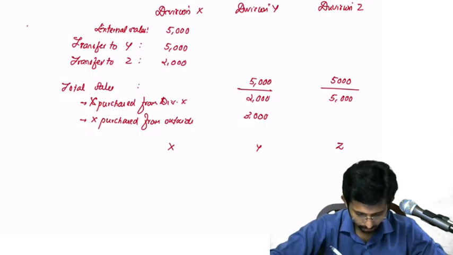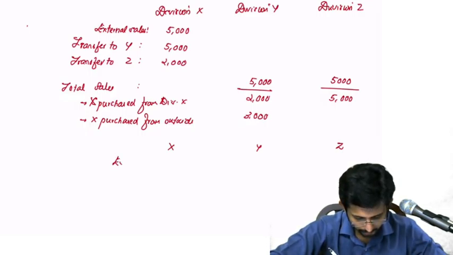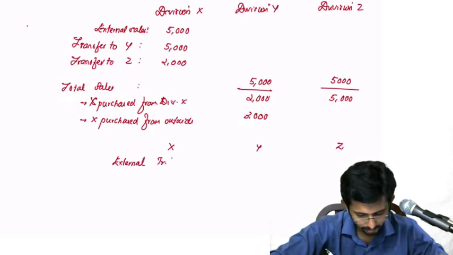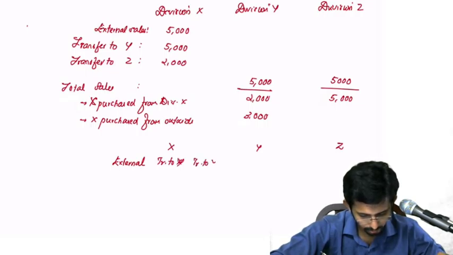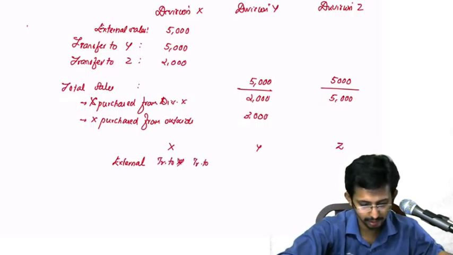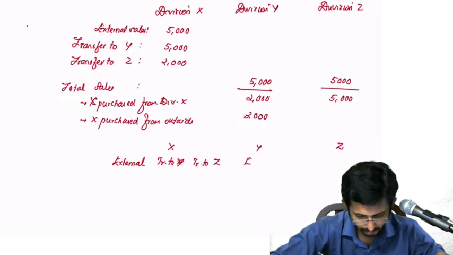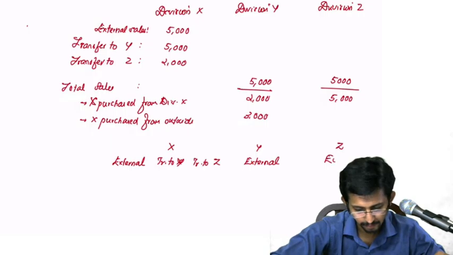Now under X you have external, then you have transfer to Y, and transfer to Z. Then here you have only external sales, here also external sales.